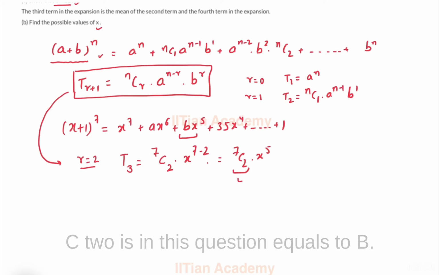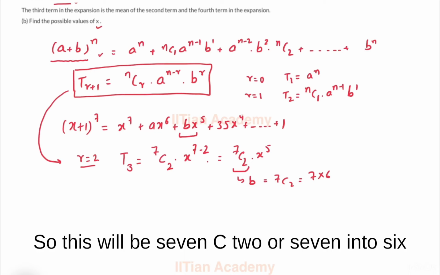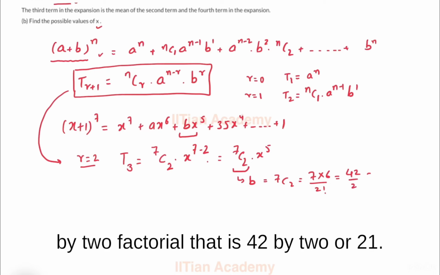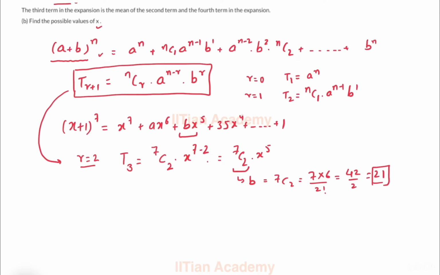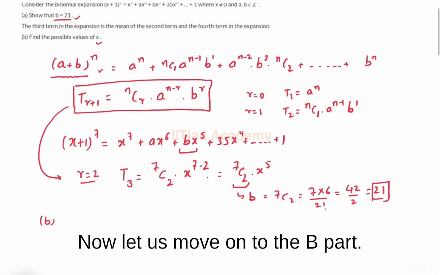The value of 7C2 in this question equals b. So this will be 7C2, or 7 into 6 by 2 factorial, that is 42 by 2, or 21. Now let us move on to the b part.